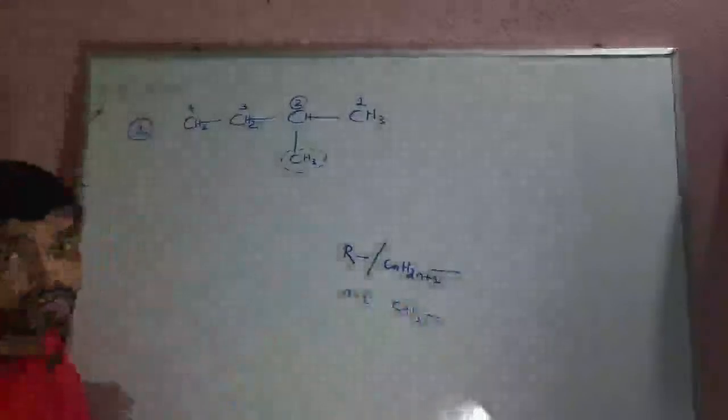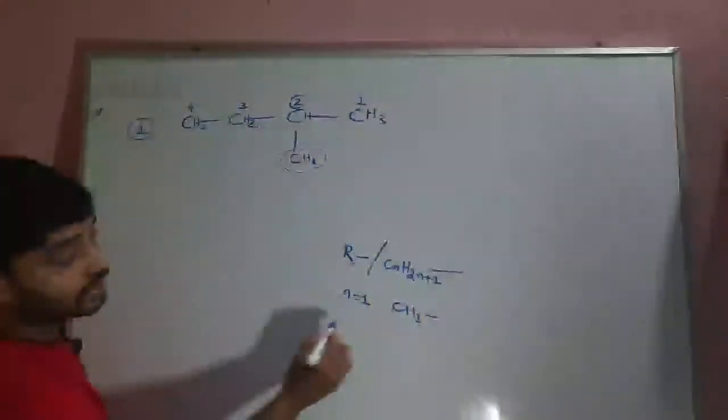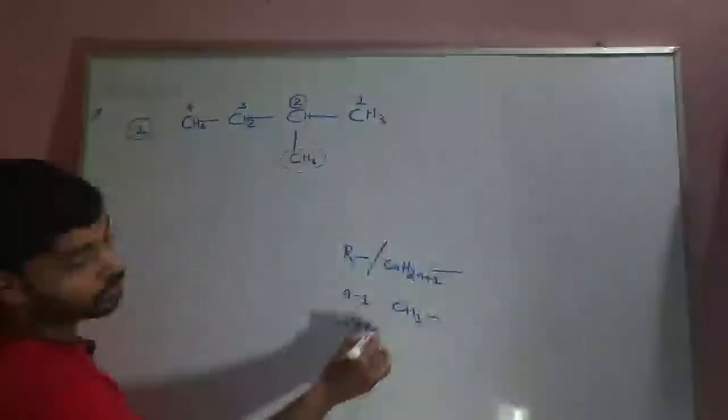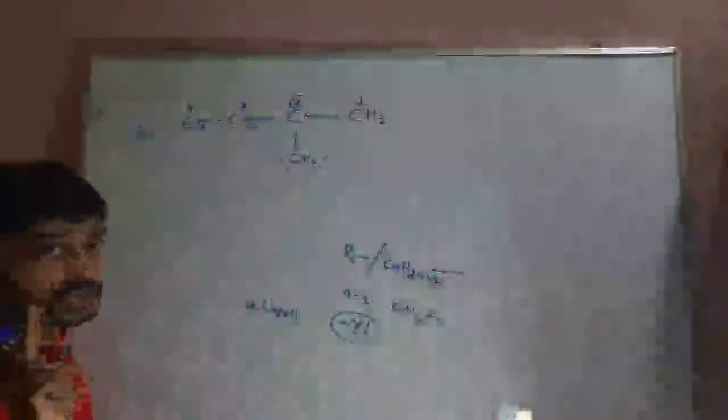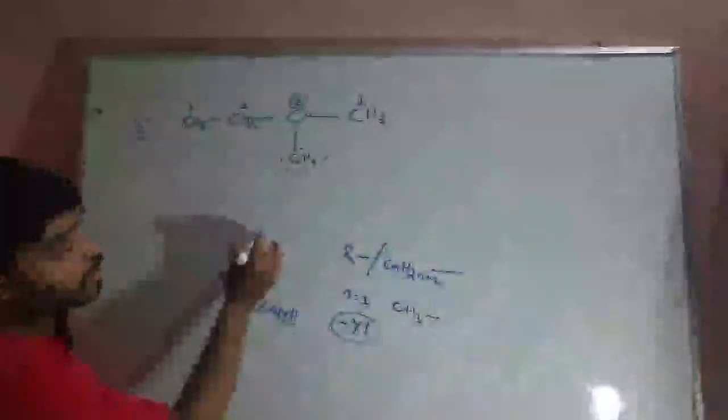As I have told, the alkyl group has a suffix that is yl. Alkyl group has a suffix and a word root. So a single carbon is expressed by the word root meth.